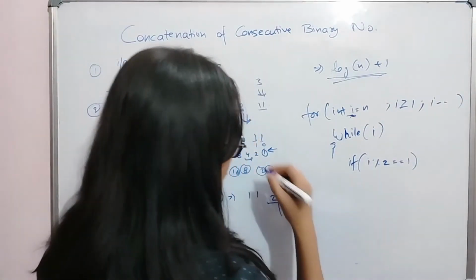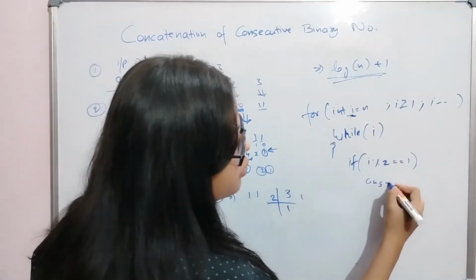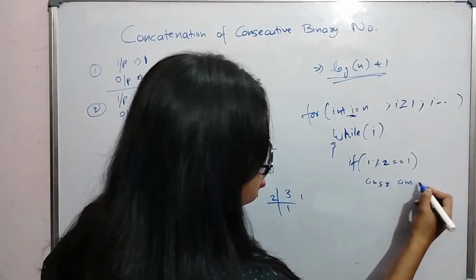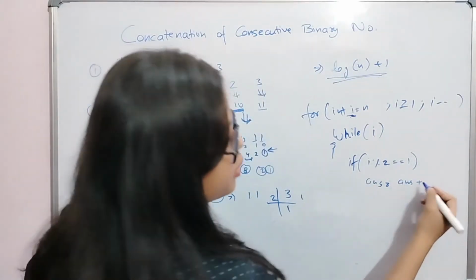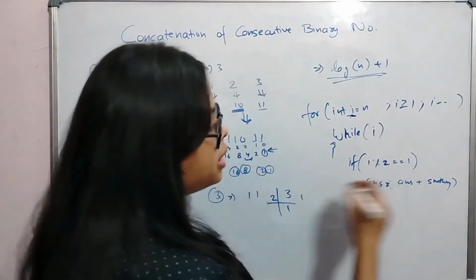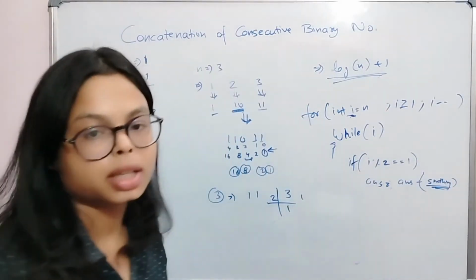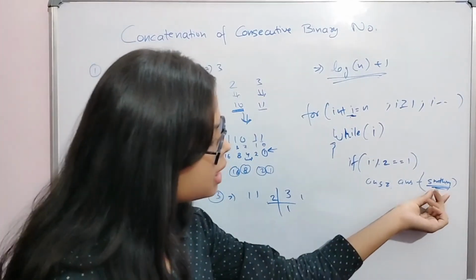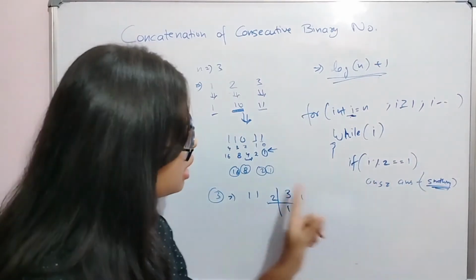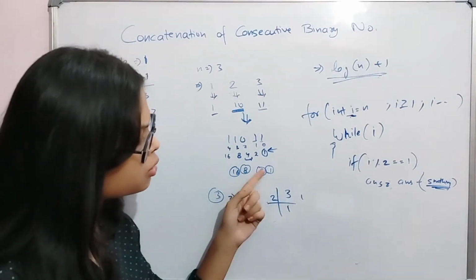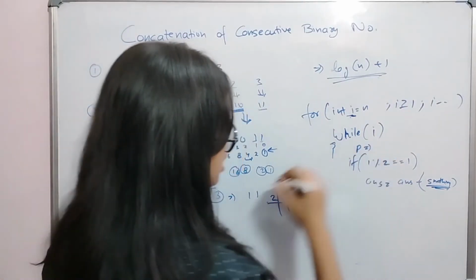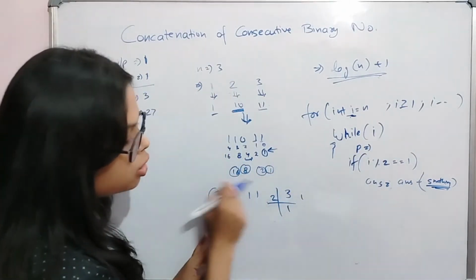So in the answer we will add: answer equals answer plus something. Now what is this something? This something is nothing but the power, right? So let's say we will have a variable p which keeps track of all these numbers.